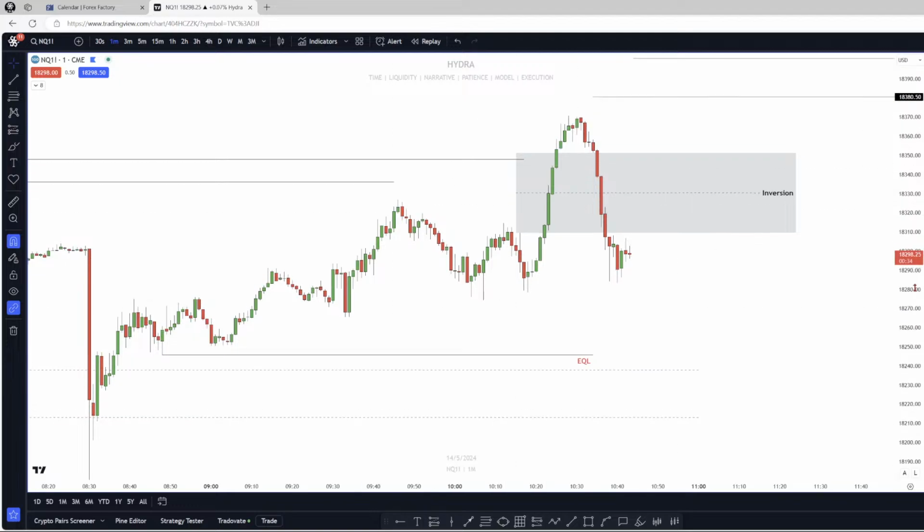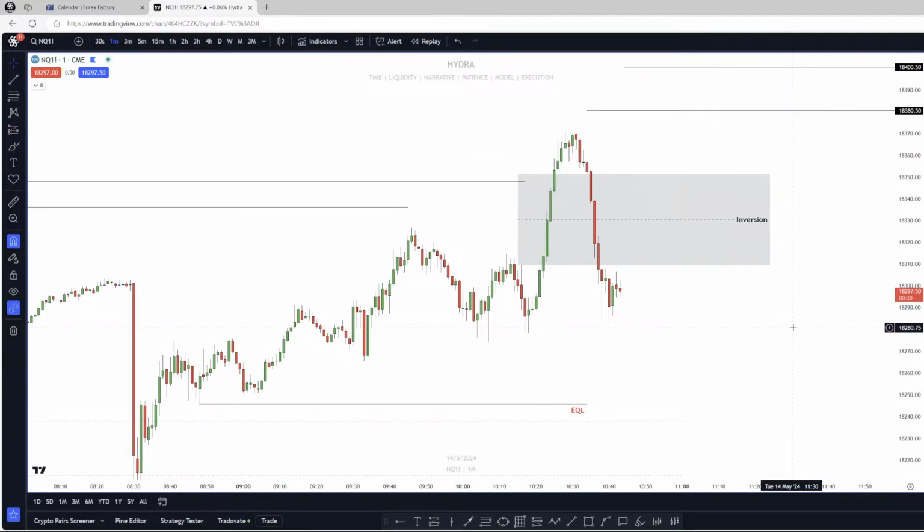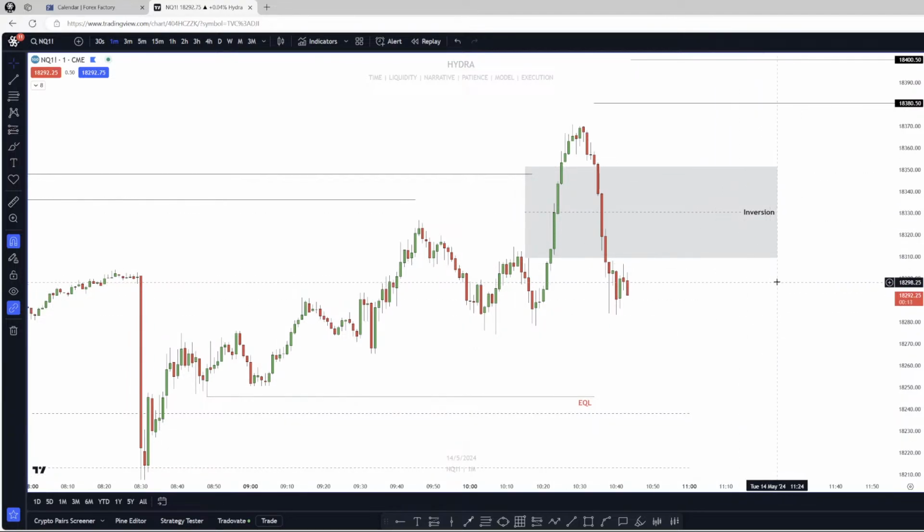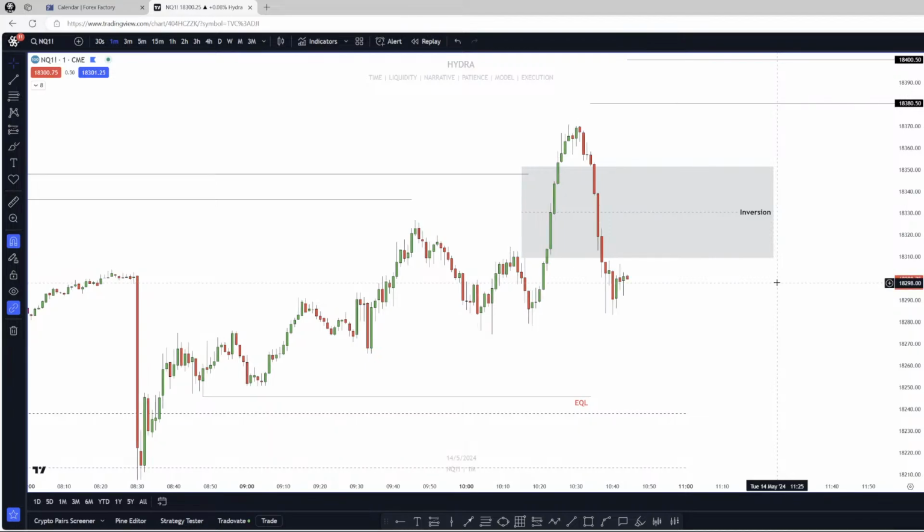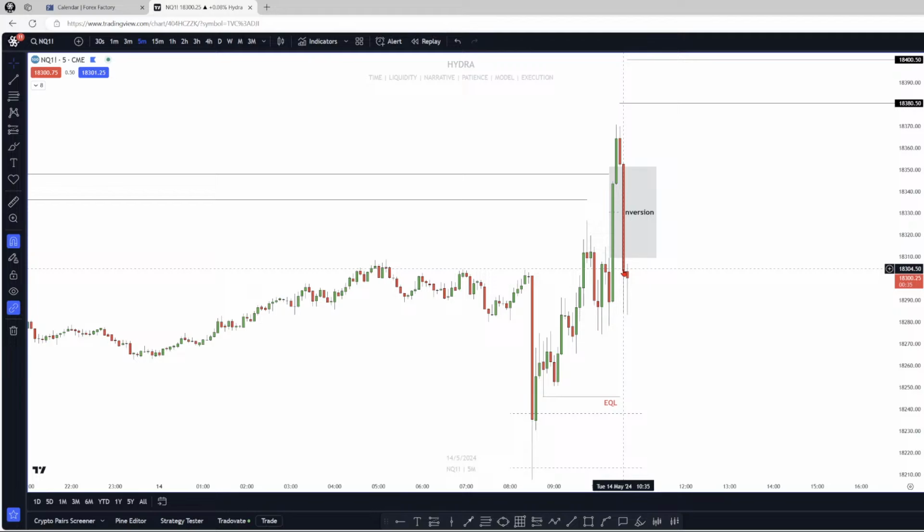Are we getting any retest yet? See on 5 minute, looking at the 5-minute chart.